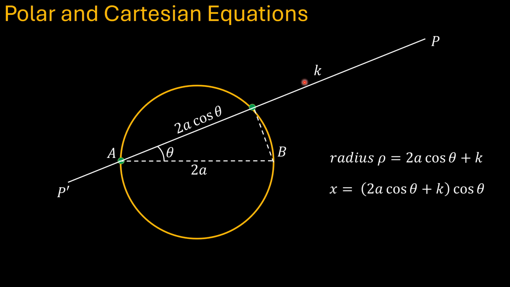We saw that the polar equation of the limaçon was r = 2a cos θ + k, a being the radius of the base circle, and the x value at point P was (2a cos θ + k) cos θ, and y was (2a cos θ + k) sin θ.